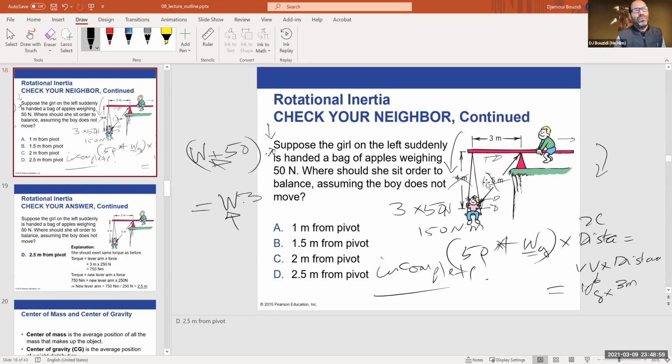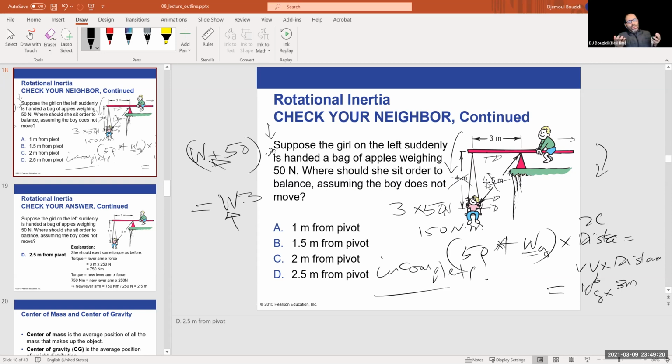So if we don't know the weight of the girl, we can intuitively say one of two things must happen. Either the boy must move back, because now all of a sudden there is an additional weight applied on the same arm length, which is 3 meters, to have more arm length of his own, because his weight has not changed. He still has his own weight.